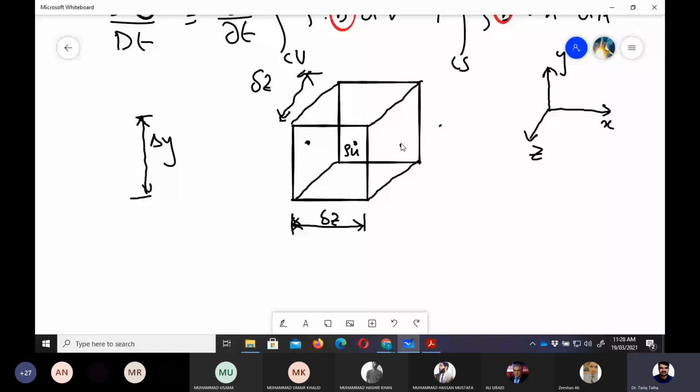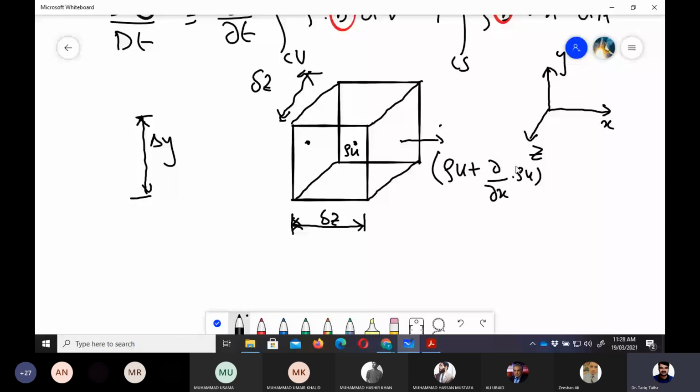So if I write it here, it would be rho u plus partial by partial x of rho u into delta x by 2.